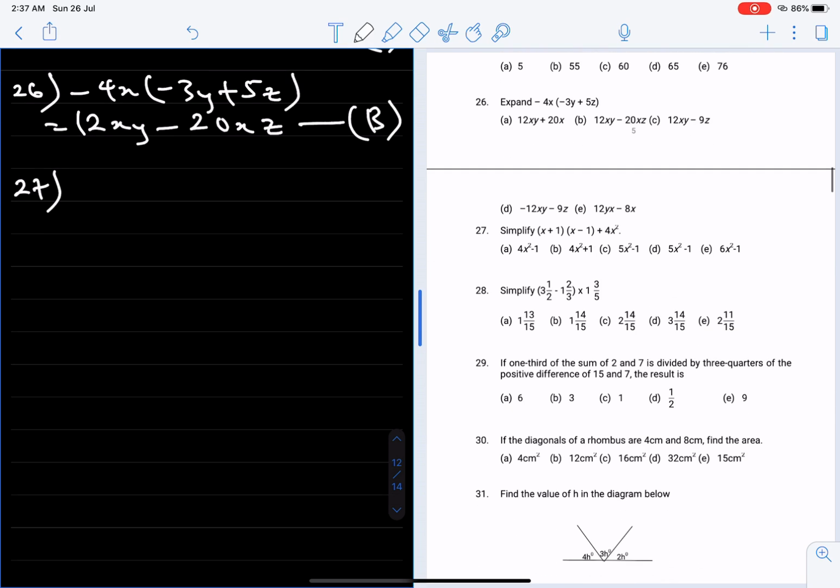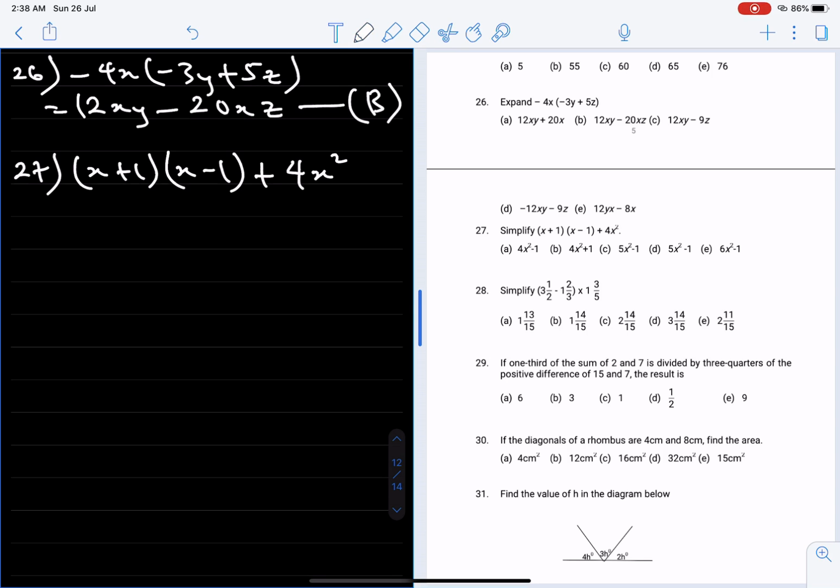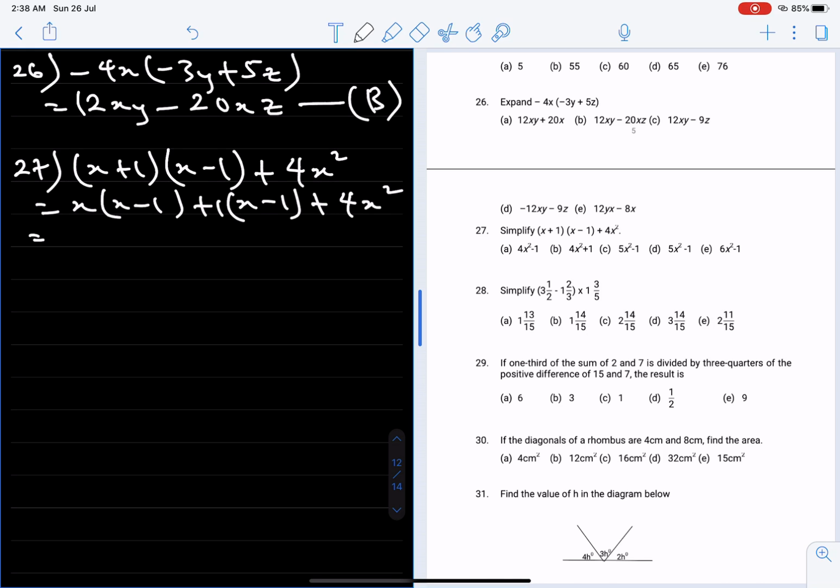27 is simplify x plus 1 times x minus 1 plus 4x squared. Of course, that's the same as x times x minus 1 plus 1 times x minus 1 plus 4x squared, which means x squared minus x plus x, when you open the brackets, minus 1 plus 4x squared.